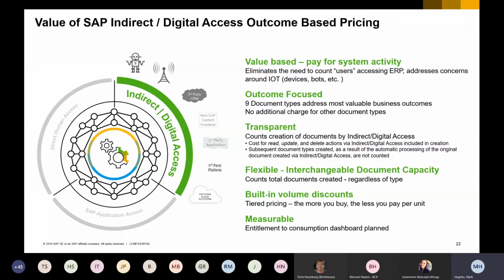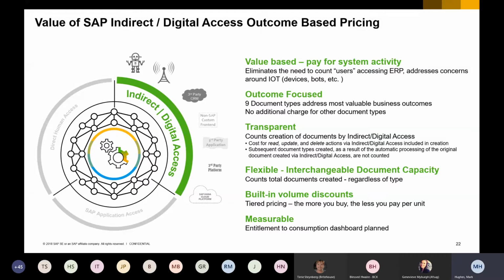So just to take a very simple walkthrough, if somebody indirectly creates a sales order in ERP, and then within ERP that sales order turns into an invoice and turns into some journal postings and turns into some material movement documents, none of those subsequent documents, while they're being created, get counted, and they don't consume any of your digital access document licenses. It's quite flexible.